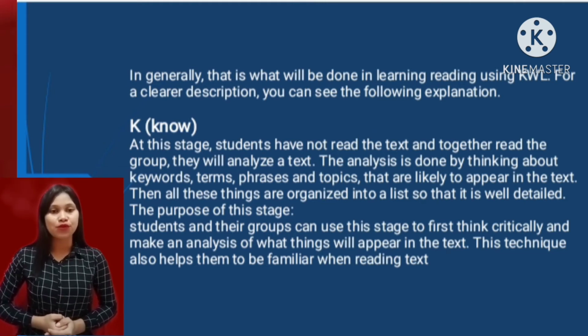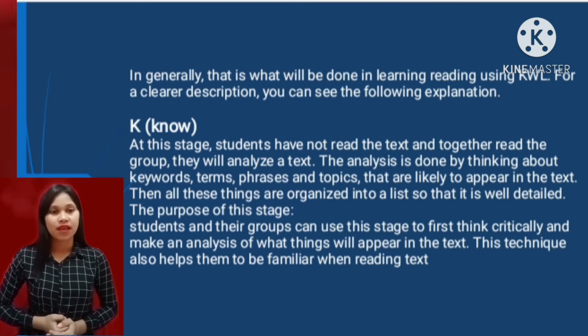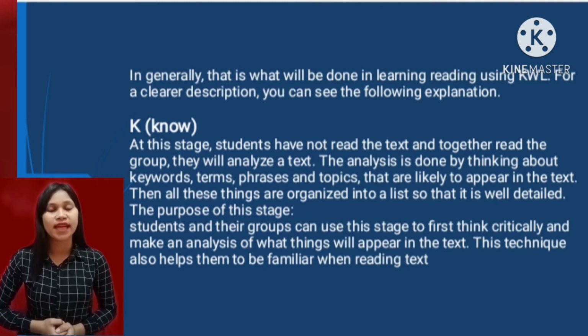The purpose of this stage is that students and their groups can first think critically and make an analysis of what things will appear in the text. This technique also helps them to be familiar when reading the text.